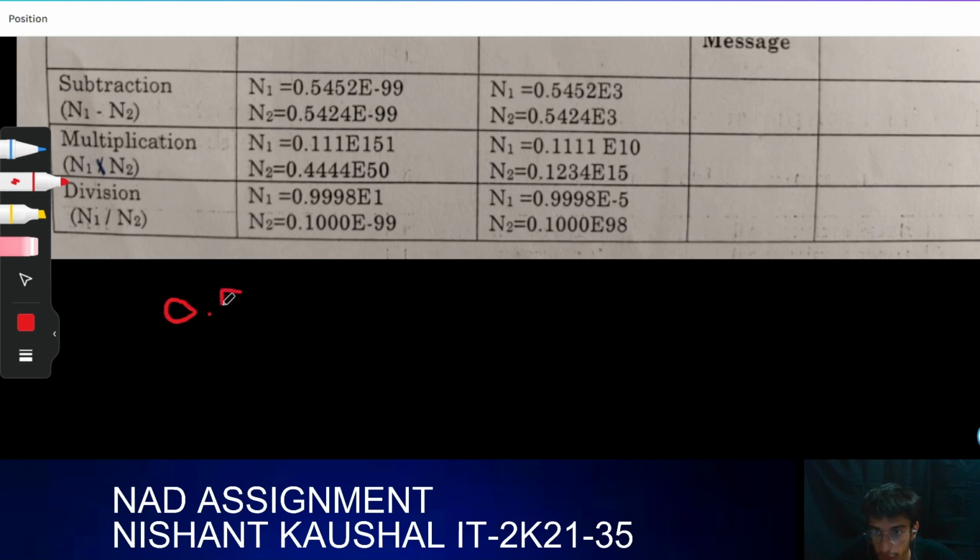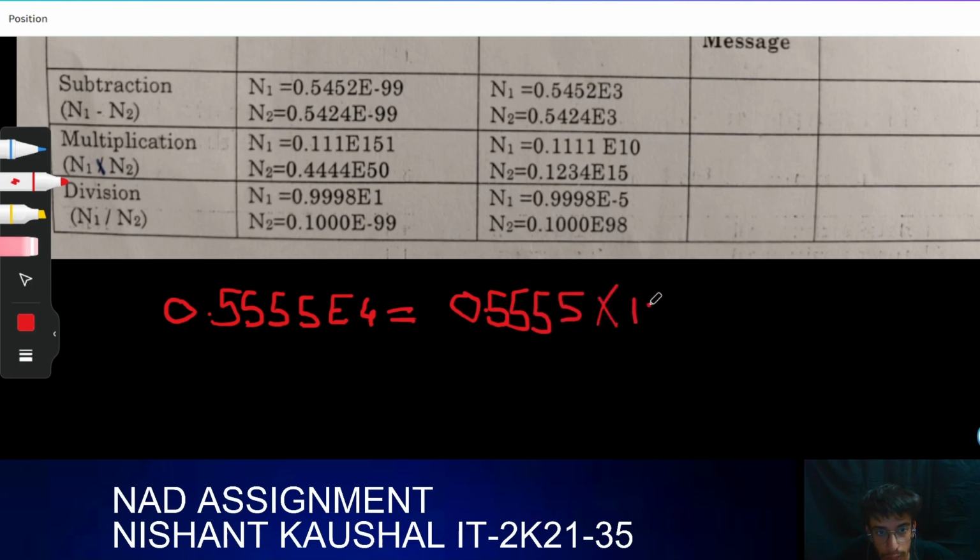Like if a number is given as 0.5555 e4 or any number, it can be written as 0.5555 into 10 to the power 4. These two things mean the same.